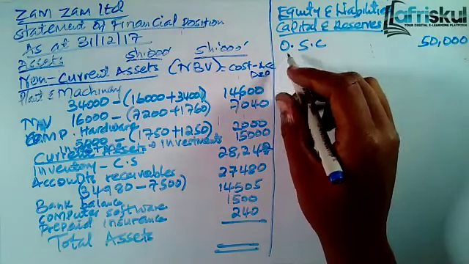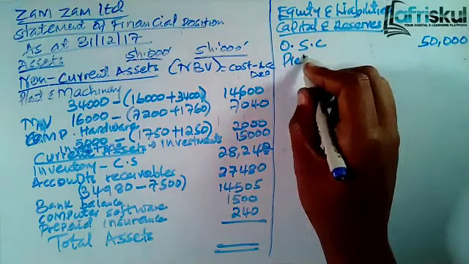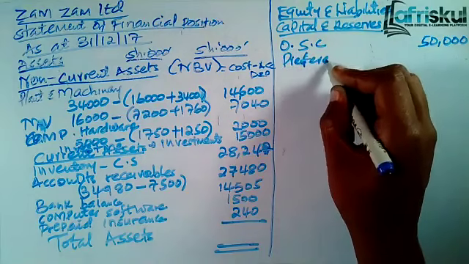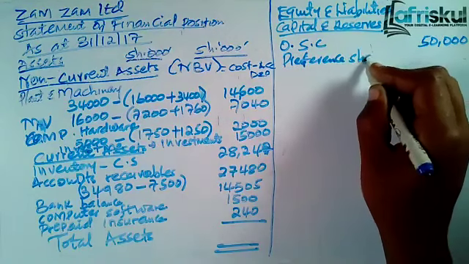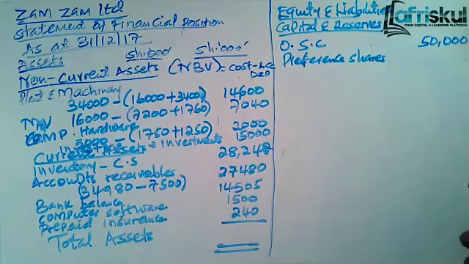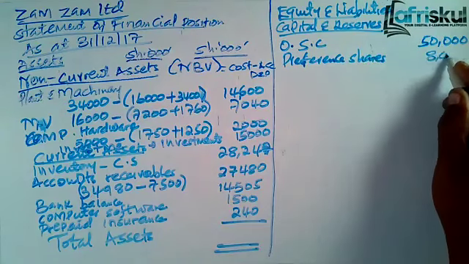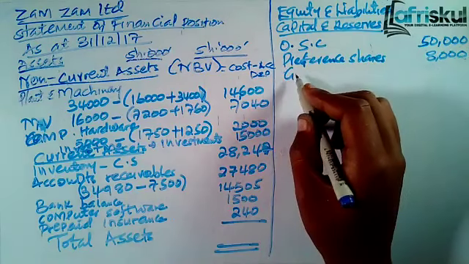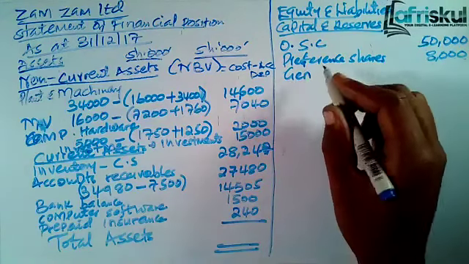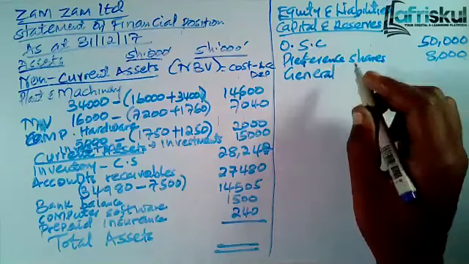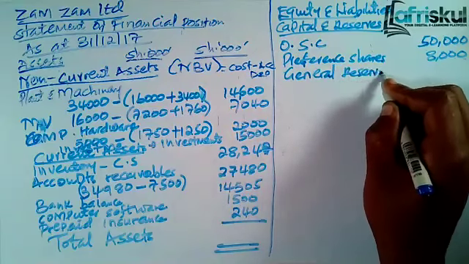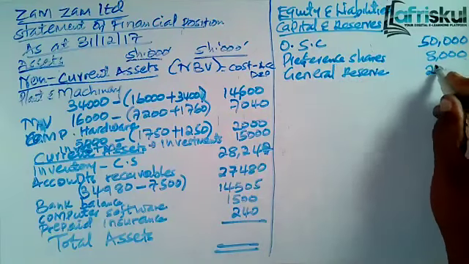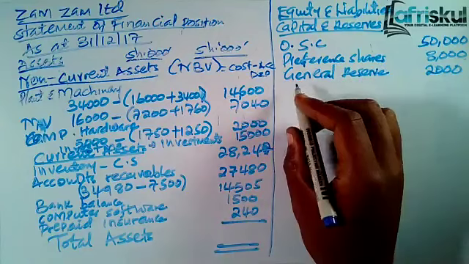We also have the preference shares, which is also on the trial balance as 8,000. Again, we have the general reserve, and on the general reserve we have 2,000 on the statement of changes in equity.